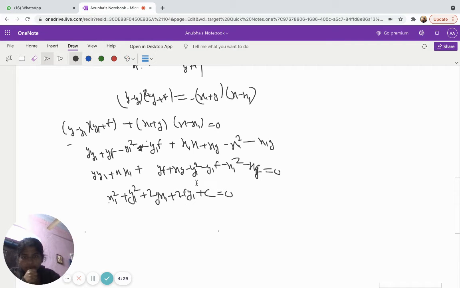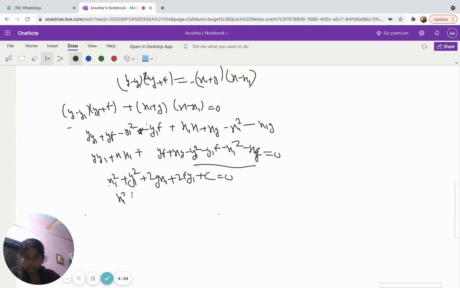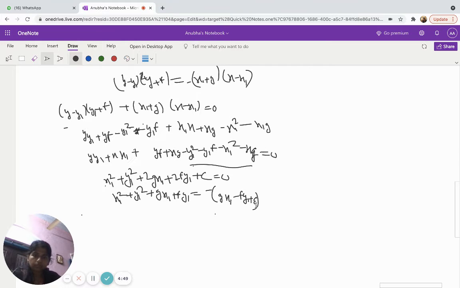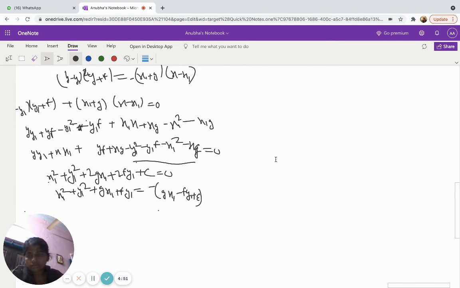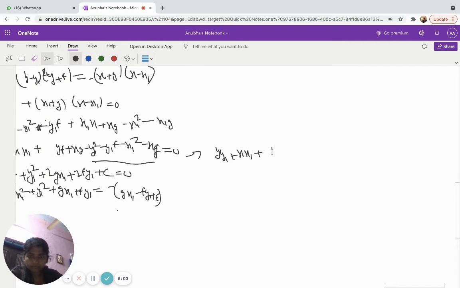So let's replace x1 square plus y1 square plus g x1 plus f y1 with minus g x1 minus f y1 minus c, in this equation.